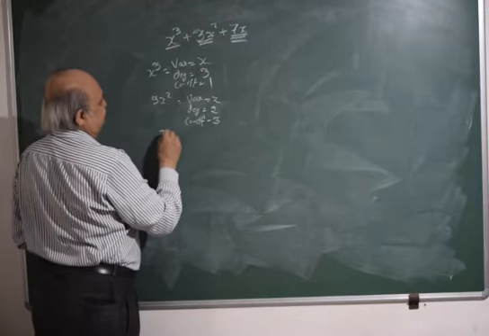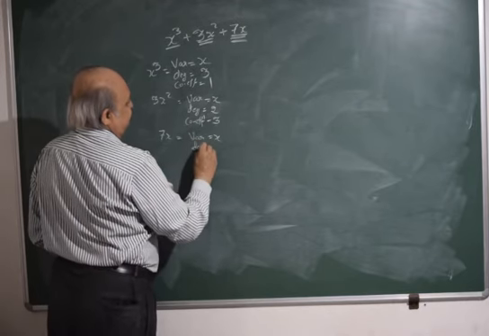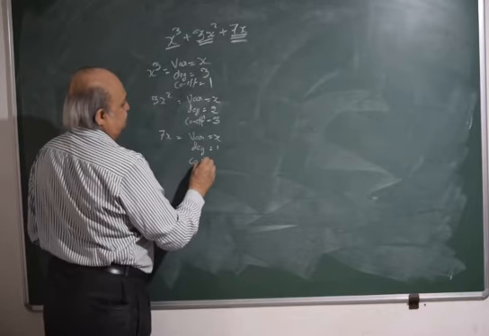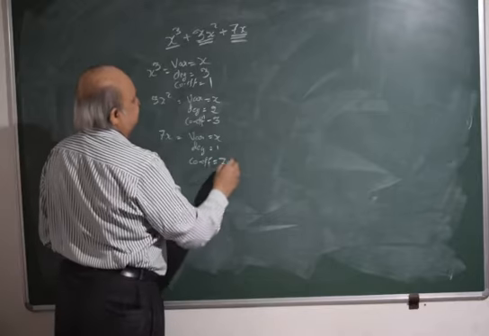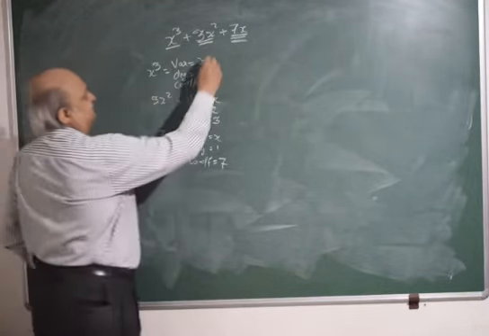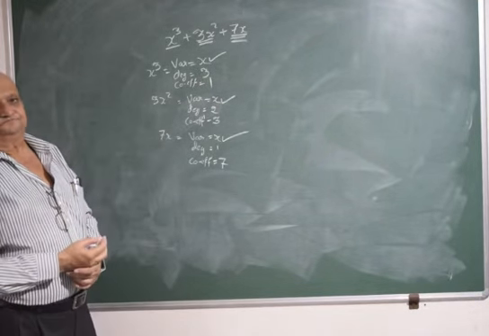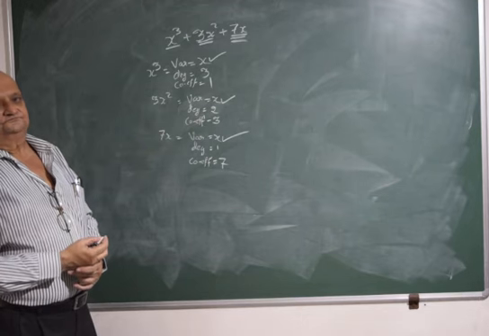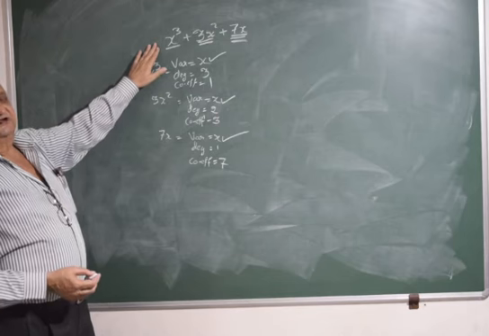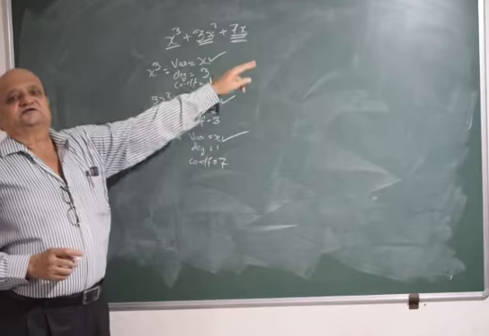And when we have 7x, we have variable x, degree, because there is none written here, 1, and coefficient is 7. So we have three terms and we have the same variable. And therefore this is having only one variable, though it has more than two or three terms.